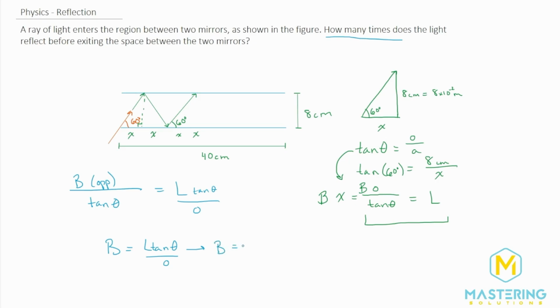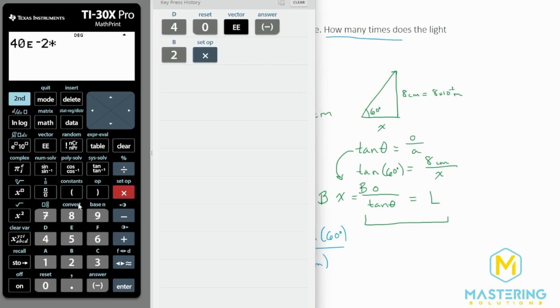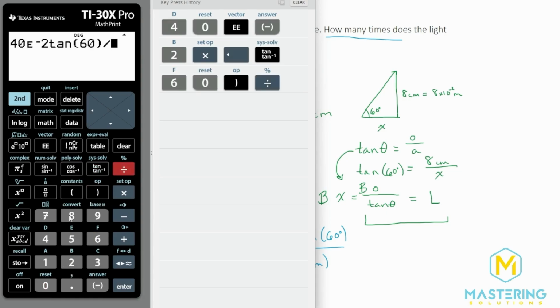So b is going to be 40 centimeters, or 40 times 10 to the negative 2 meters, times tangent of the angle 60 degrees, all divided by the opposite, which we said was 8 times 10 to the negative 2 meters. When we come to our calculator, we have 40 times 10 to the negative 2 times the tangent of 60 degrees, all divided by 8 times 10 to the negative 2 meters, or 8 centimeters.